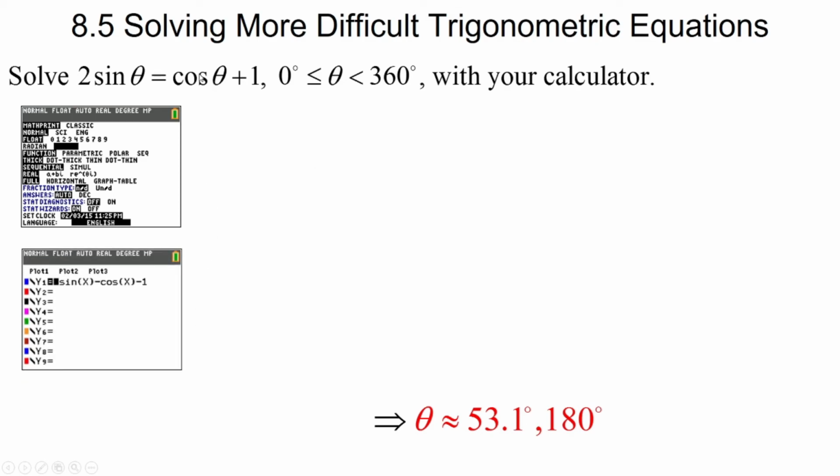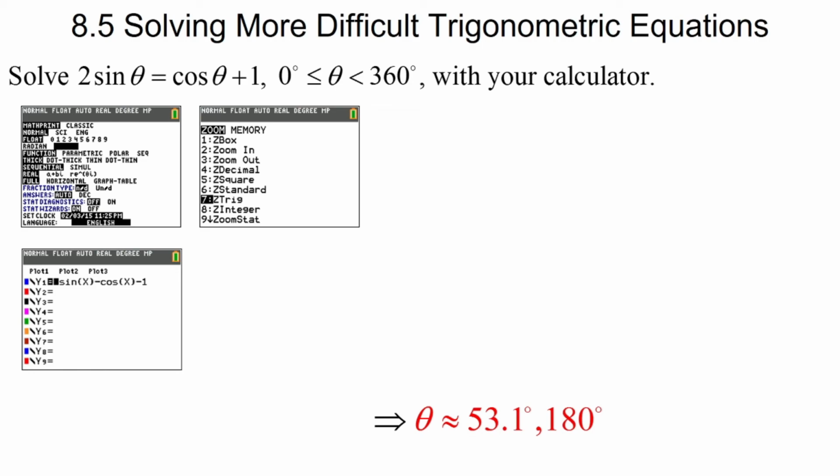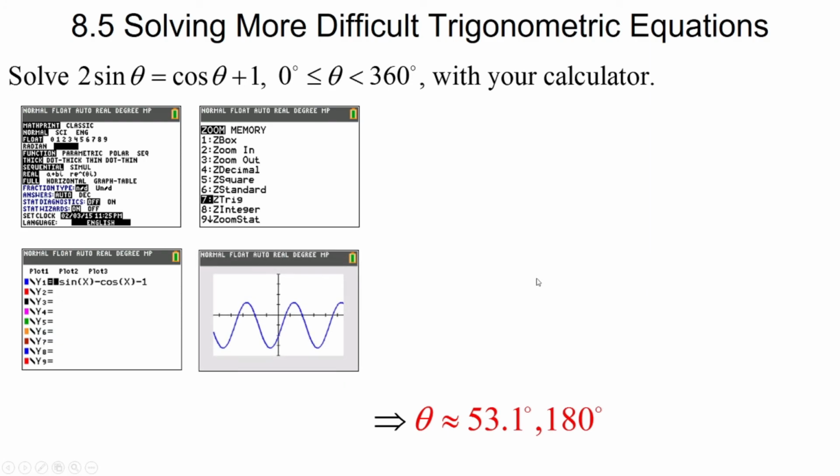Then I put everything on the left: y sub 1 equals 2 sine of x minus cosine of x minus 1. Now let's get a proper window. We might just use a trig window. Let's see. Yeah, I'm just going to go zoom trig, and here's the window my calculator will give me.